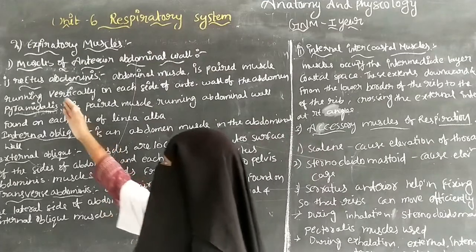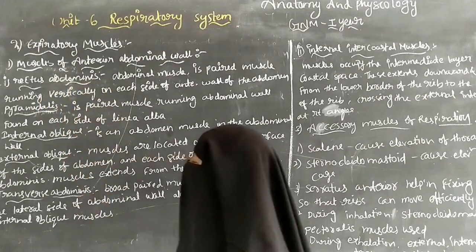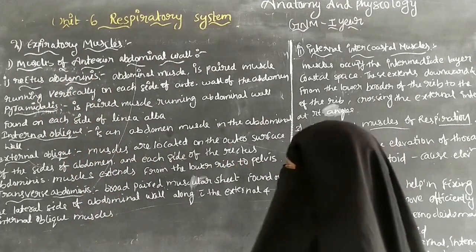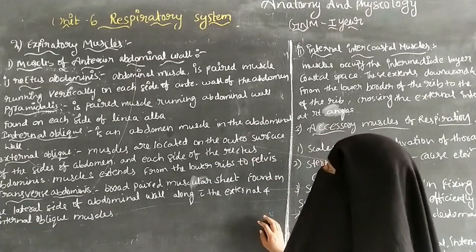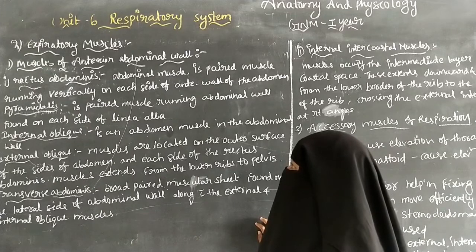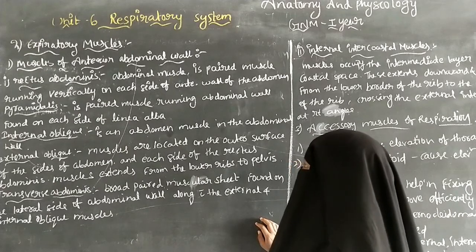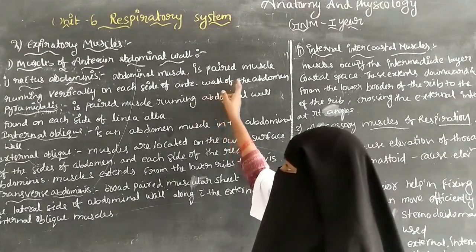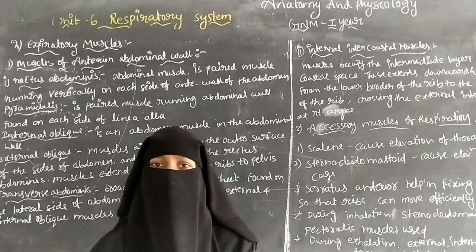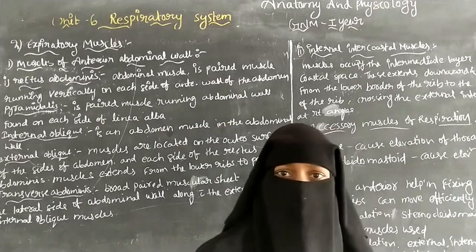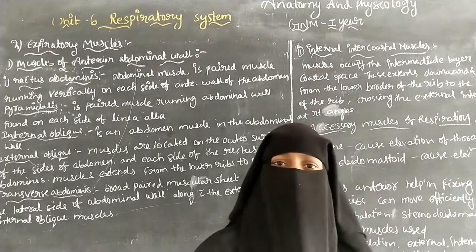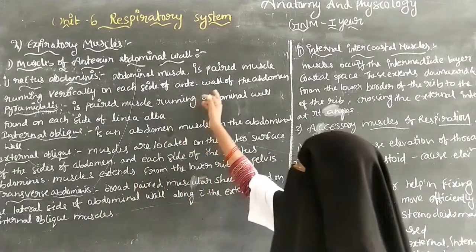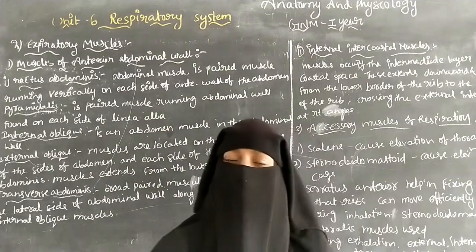The first one is Rectus Abdominis. It is an abdominal muscle, a paired muscle running vertically on each side of the anterior wall of the abdomen.